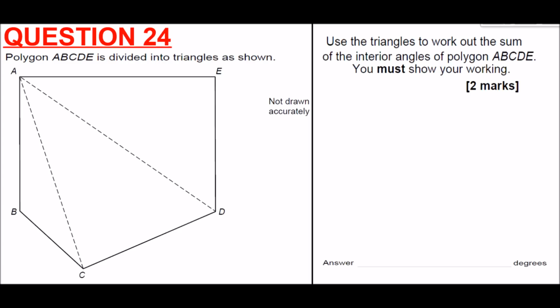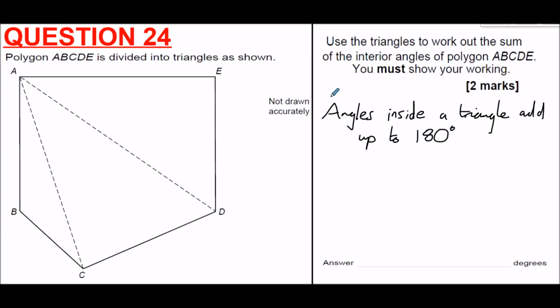The main thing we need to remember here, the angle fact about triangles, is that angles inside a triangle always add up to 180 degrees. That's the main piece of information we need for this question.